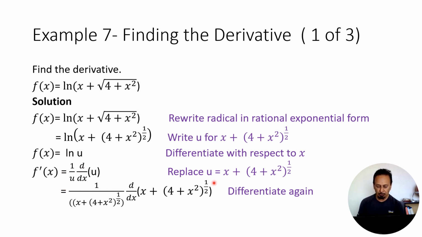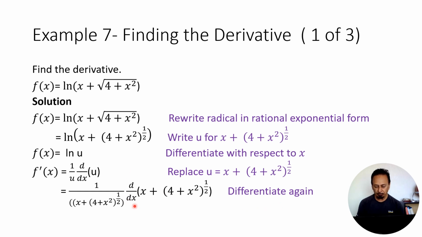So now we replace u with whatever we said equals x plus 4 plus x squared to the 1/2. So this becomes 1 over x plus 4 plus x squared to the 1/2, and d over dx of u, which is again x plus 4 plus x squared to the power 1/2.